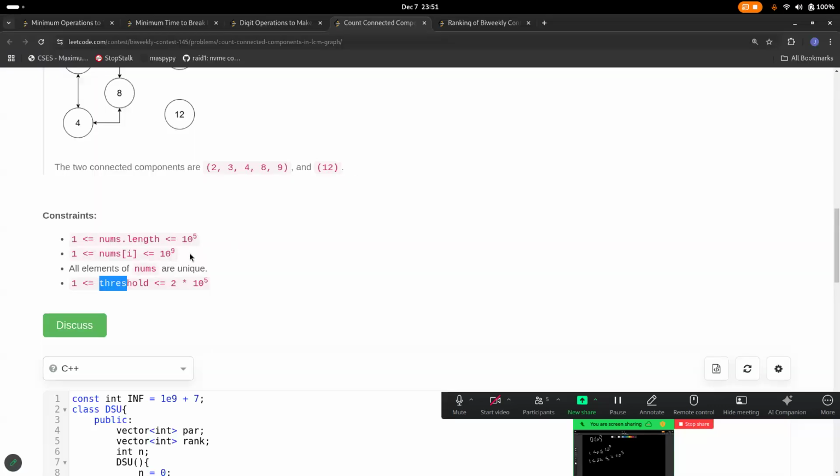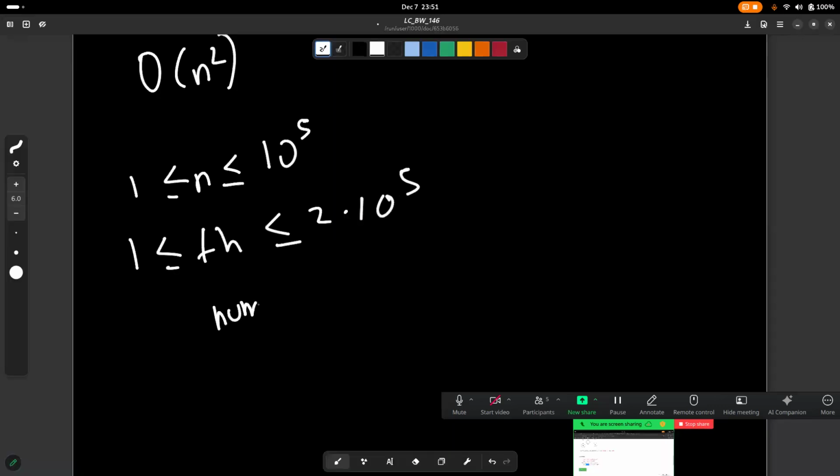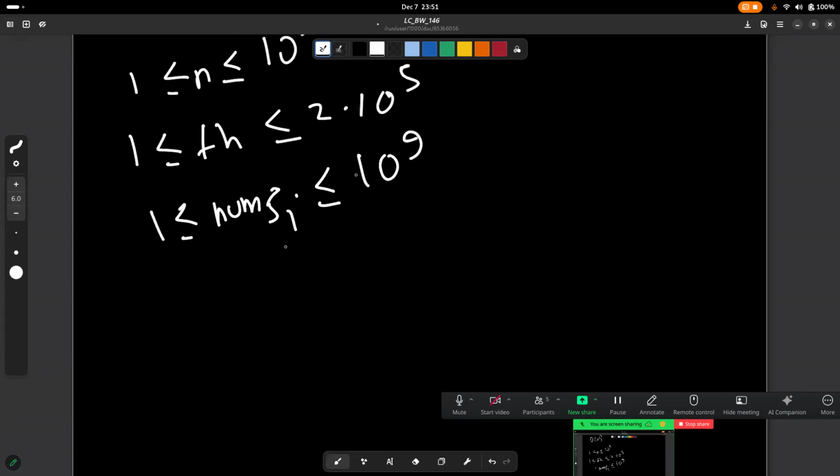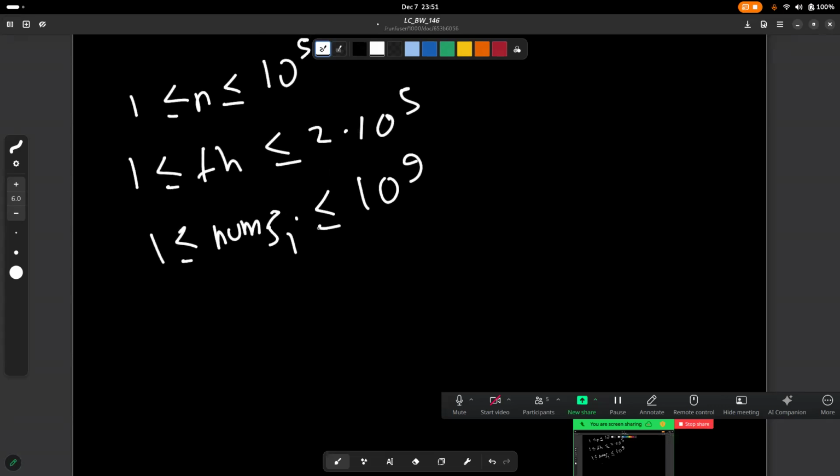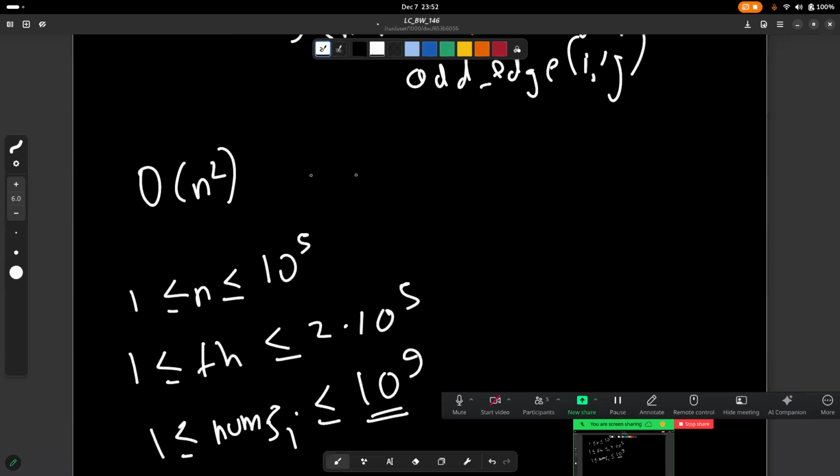And even the number values, the nums of i, were up to 10 raised to power 9. So these were pretty heavy constraints. 10 raised to power 9 means that even factoring becomes very difficult. So you couldn't really have anything that was O of n squared.